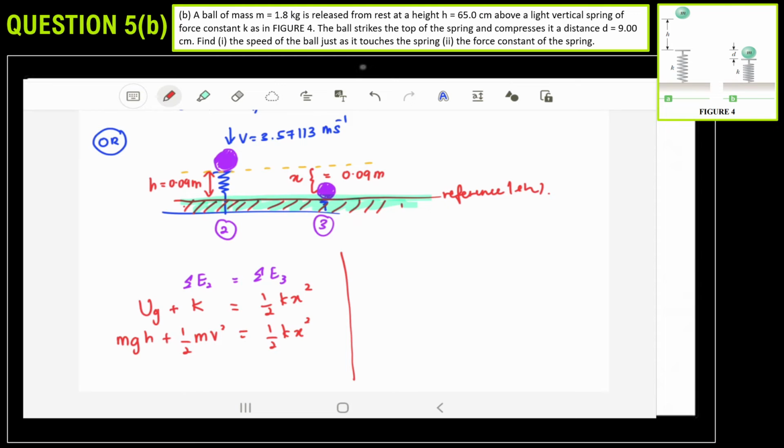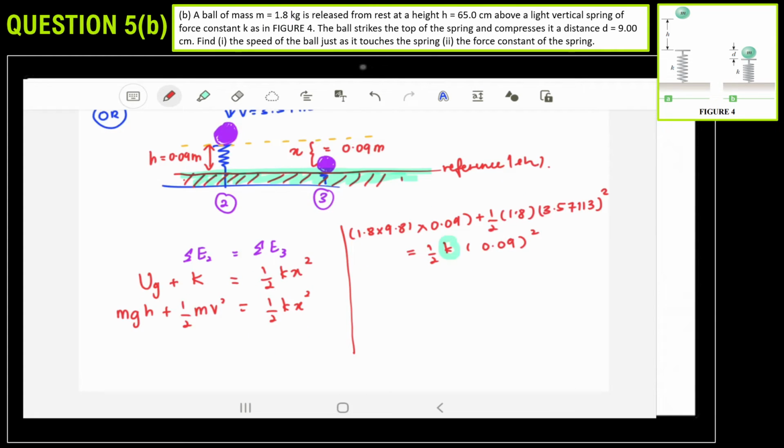Alright, so m is equal to 1.8. Okay, boleh terus saja masukkan. Okay, 1.8 times 9.81 times 0.09. So the height is 0.09. Okay, plus half m is 1.8 and v is 3.57113 squared, and equal half k x is 0.09 squared.